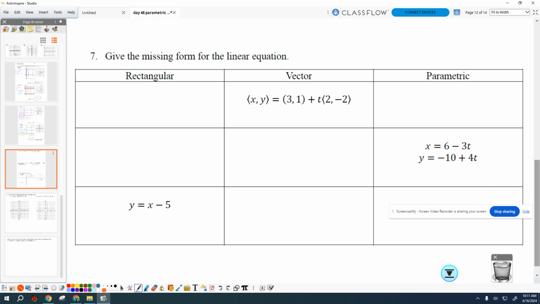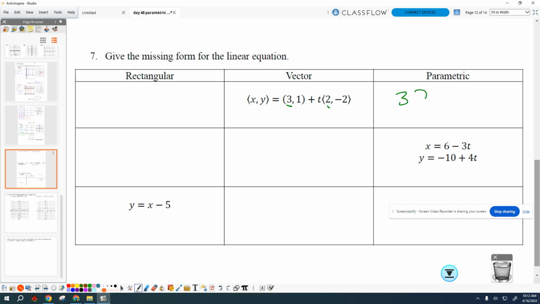How do I take vector form and get a parametric? Take the 3 and the 2.